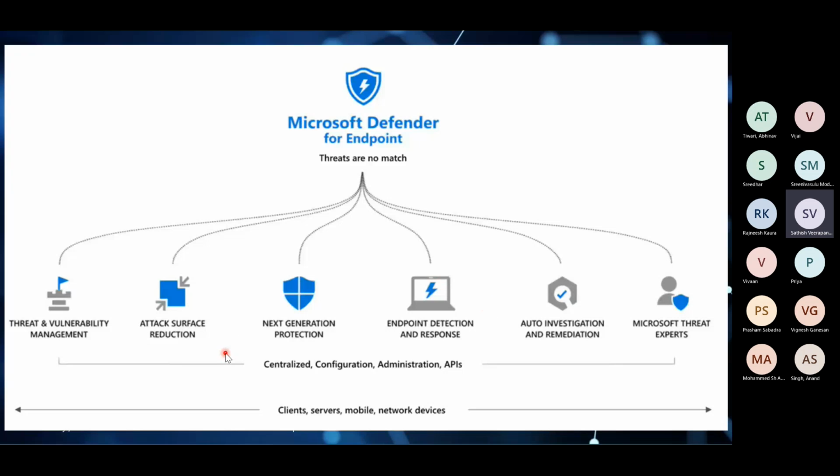So the combination of attack surface reduction and endpoint detection and response empowers your enterprise to rapidly stop attacks and also evolve your defenses to the next level. And on top of it, you have the Microsoft threat experts, because when you go with the Microsoft Defender for Endpoint Plan P2, you always have the analysis of the files that you send from your side by the Microsoft threat experts.